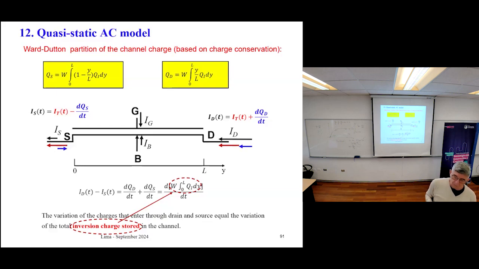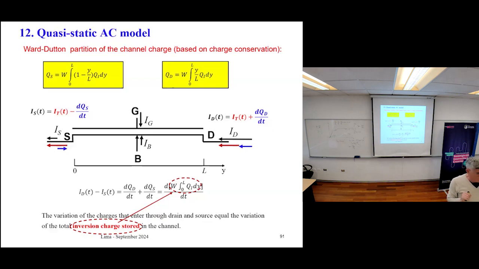What was the situation before these professors and students found out what should be the model? They just modeled it like this. Let's put half to the source and half to the drain. Assume that the charge changed 1 coulomb along the channel.